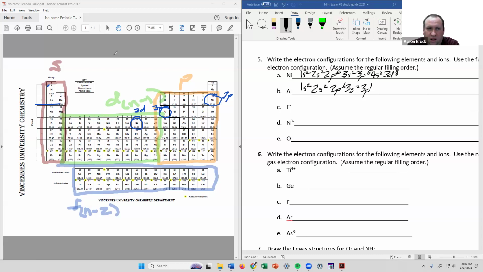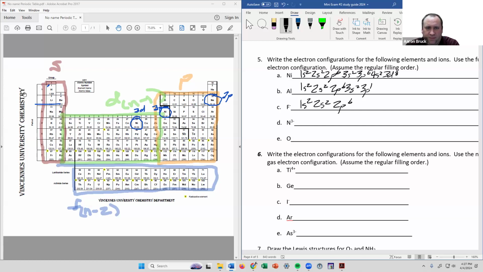So it would be 1s2, 2s2, 2p, 1, 2, 3, 4, 5, 6, because the F minus ion has 10 electrons in it and not 9. And so it's got the same configuration as neon. Neon's configuration is 1s2, 2s2, 2p6.